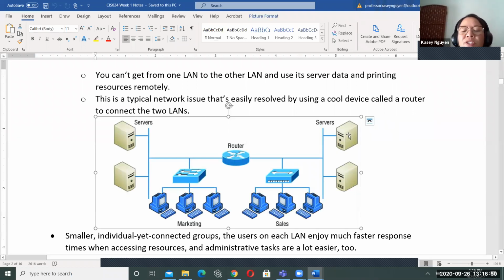So you can have servers on both sides here, right? You have the sales department on the right, and then you have the marketing department on the left. And these departments are somewhat not completely isolated, right? But what we do is we would treat one network and another network as separate using a router, okay?